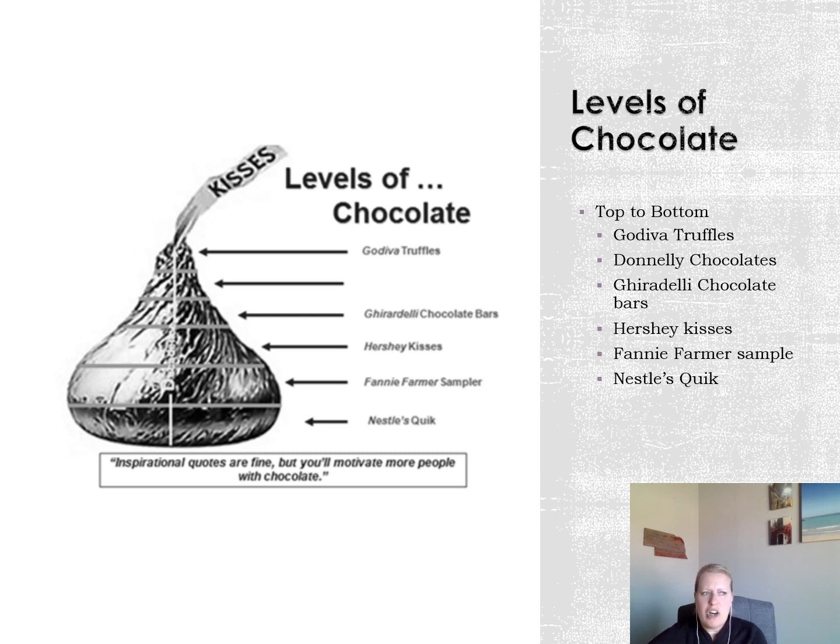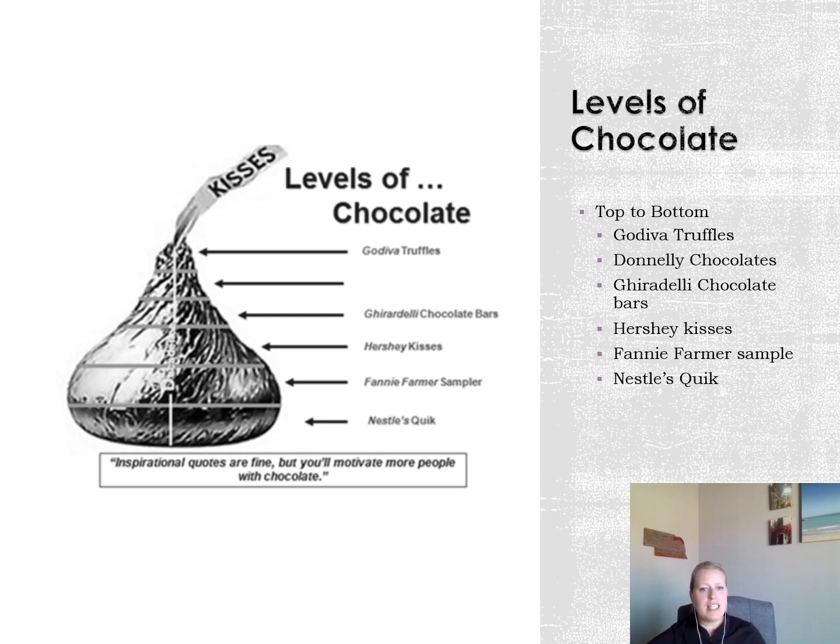When I was younger, I tried a Godiva chocolate, and I don't think I really liked it. In fact, I know I didn't like it. If you've ever tried different types of chocolates, sometimes the more expensive chocolates are more pure and richer, and they sometimes don't taste as good. Don't tell them that. You have to kind of acquire a taste for the chocolate.